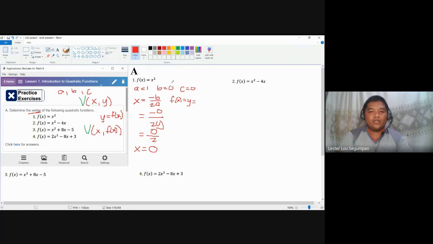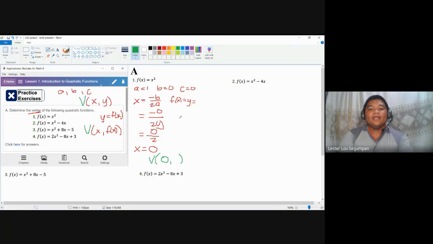So we are now quite sure that the vertex contains the x coordinate of 0, and then we will solve for the f of x. Solving for the partner of the ordered pair for the vertex may come in different scenarios.